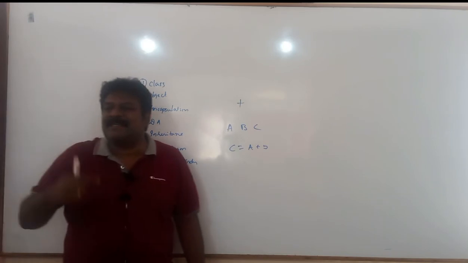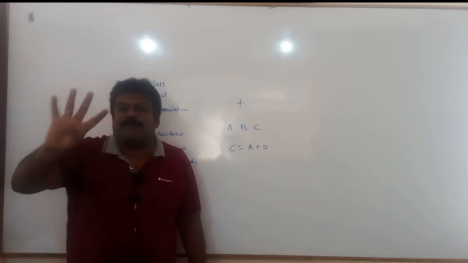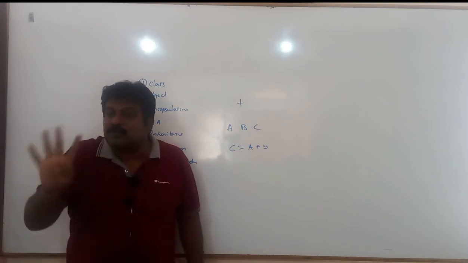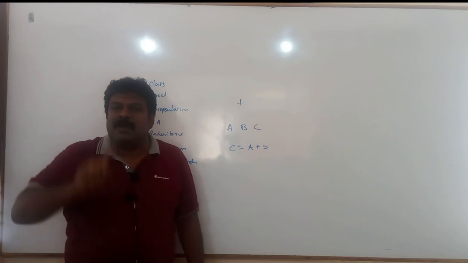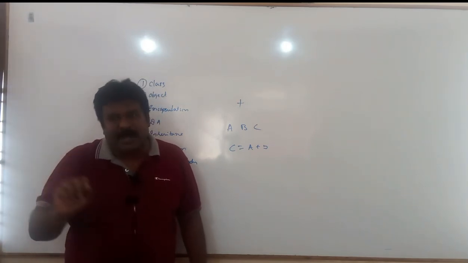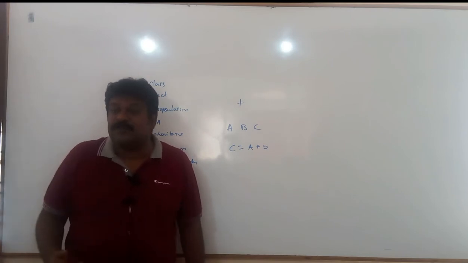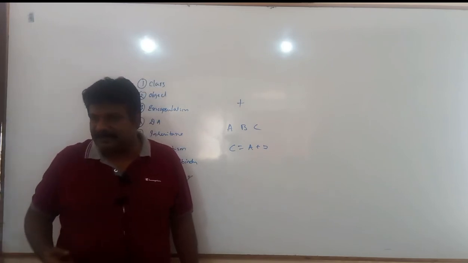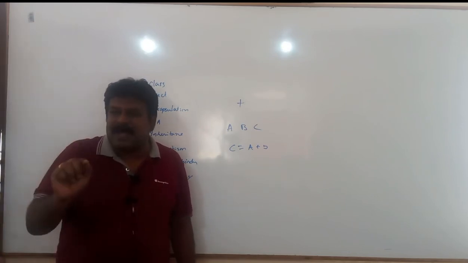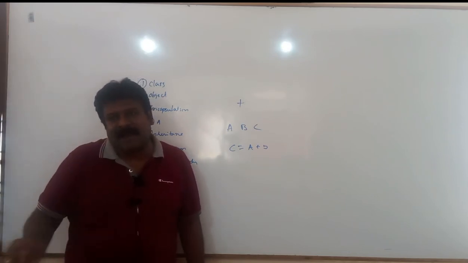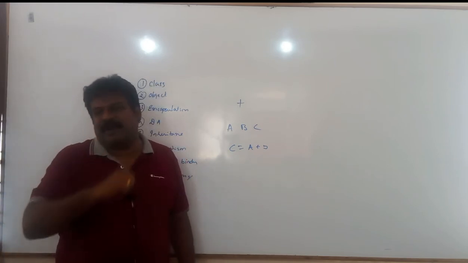And one more facility is given. See, now I want to write 4 functions. What are those 4 functions? One function to add 2 integer types. Another function to add 2 float types. A third function to add 1 int and 1 float. And the fourth function to add 1 float and 1 int. In such a case, in C language, we name them add1, add2, add3, add4. 4 names have to be given for the functions.